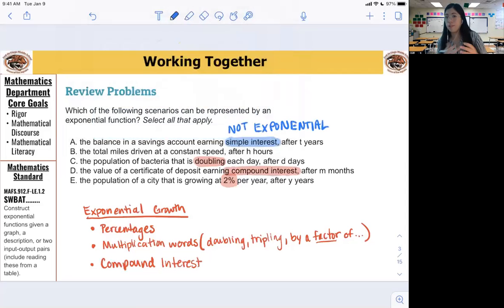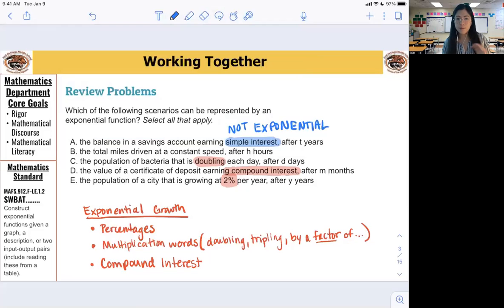I would love to explain what this is so that you guys actually understand it, because it's important. Money is important, right? But since I don't really have the time to explain the difference between simple interest and compound interest, just remember, simple, because it's simple, it's not going to be exponential. The only one that is exponential is compound interest.